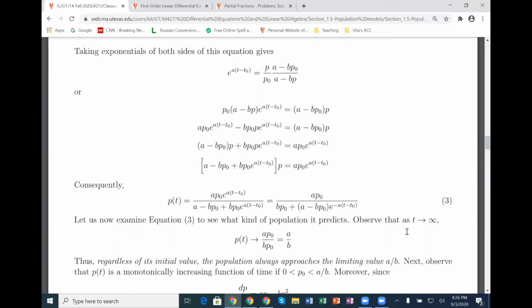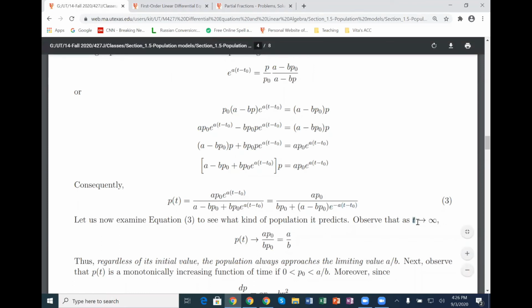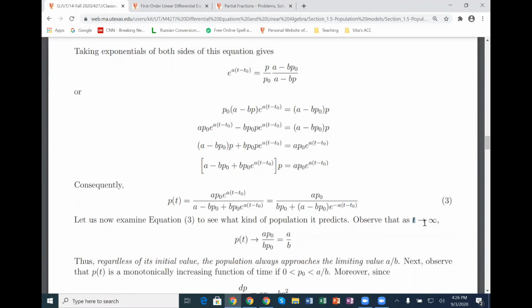Observation number one. If t goes to infinity, the whole thing approaches a over b. Here is why. Please take a look at this term. If t is growing in positive direction without bounds, t minus t0 is growing without bounds.